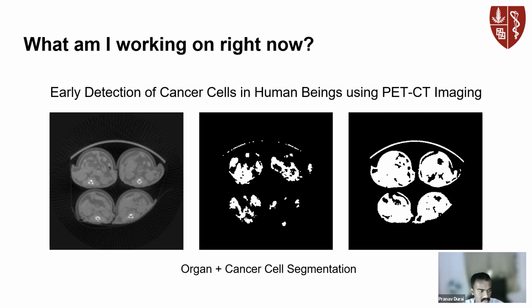Initially, the plan was to do it just for organs, but in the future, we might also introduce some kind of cancer cell segmentation within the initial organ segmentation component itself, right? And the software that we are building right now is called BIRAT, and it is a sophisticated software for image registry, specifically for medical images during preclinical studies, right?